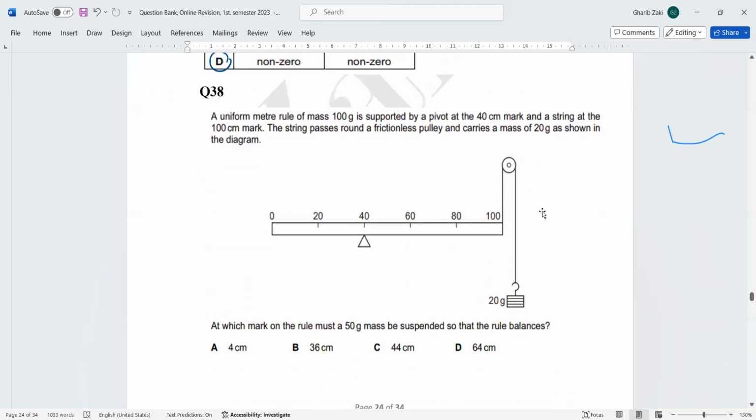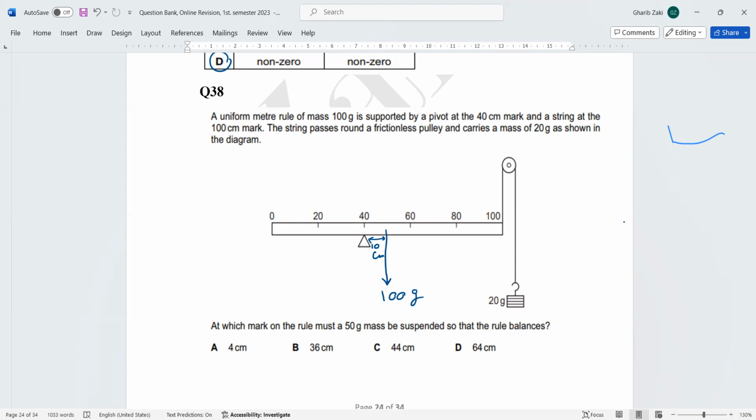Now, this question here, he said, a uniform meter rule of mass 100 gram. Uniform means the weight acts at the middle. Then at the middle we have 100 gram, of course we change it to kilogram. At the middle, it means this distance is just 10 centimeters because the total length is 100.